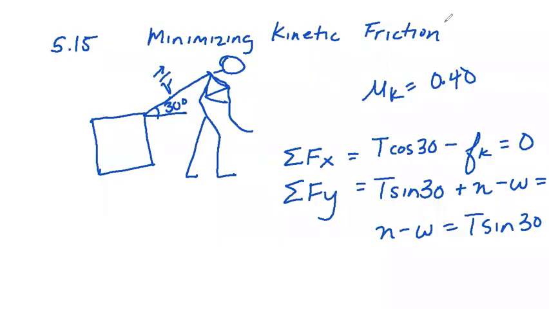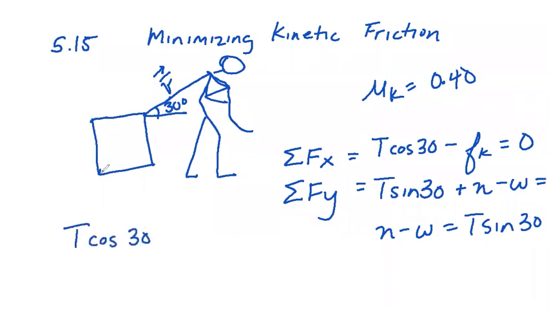Now, in order to keep it moving at a constant velocity, my frictional force has got to equal that T cos 30.